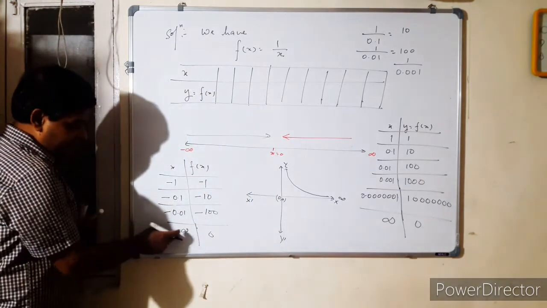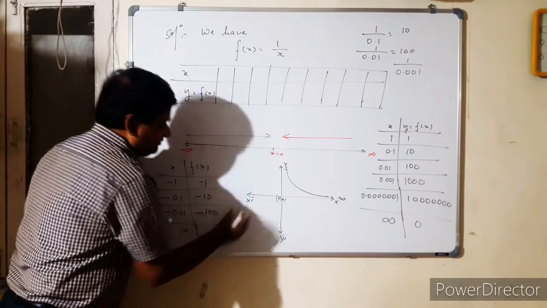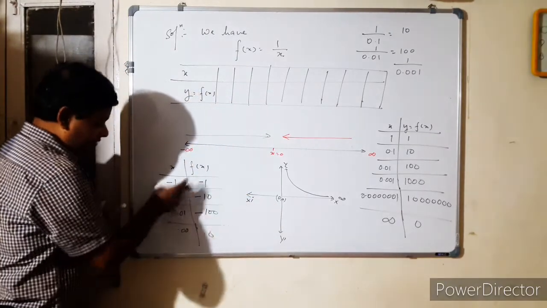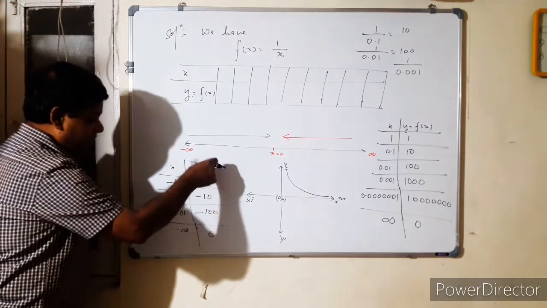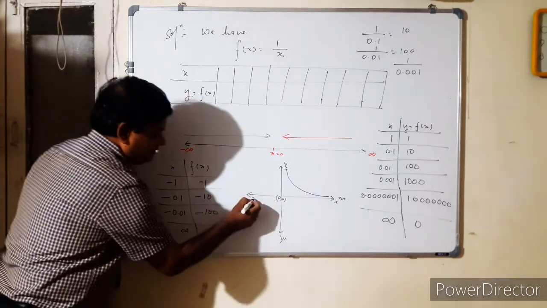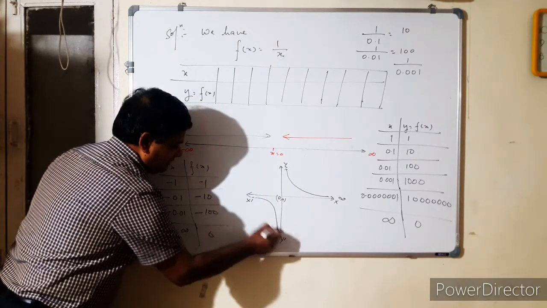When x is minus infinity, y is 0. When you are coming towards 0 from the left, the value of y is decreasing very fast, like this.